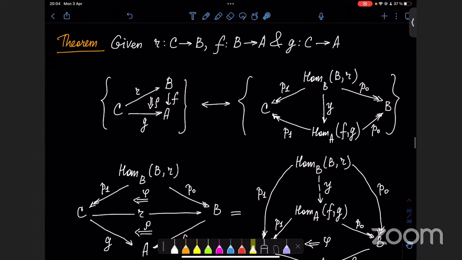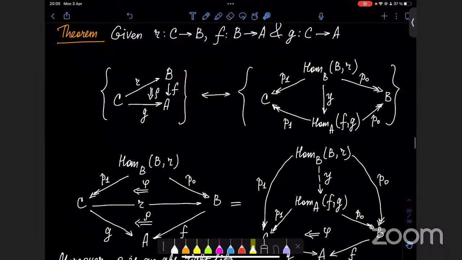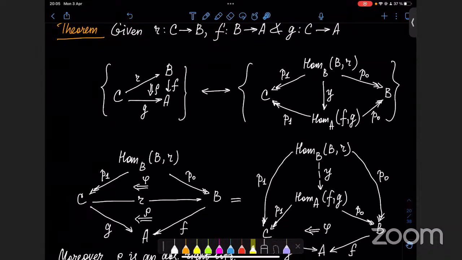Now the second theorem said that suppose that we're given a trio of these functors R, F, and G, and in this case, you will have the following bijection.